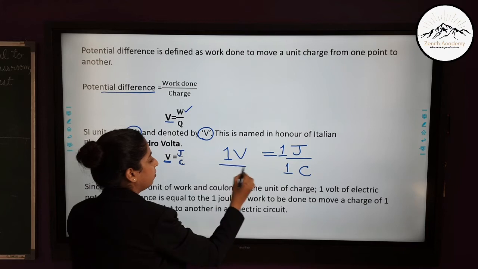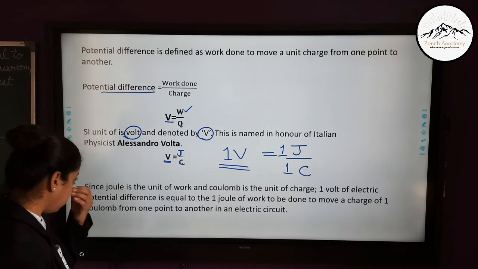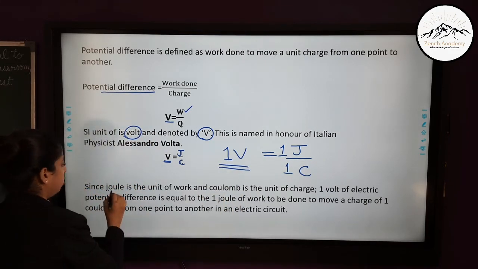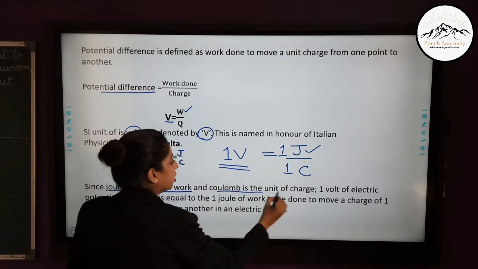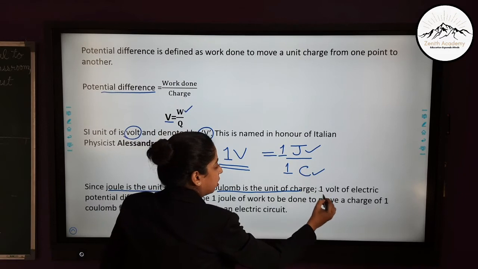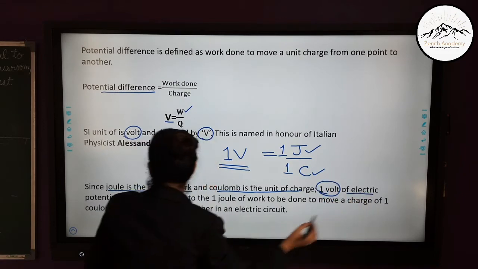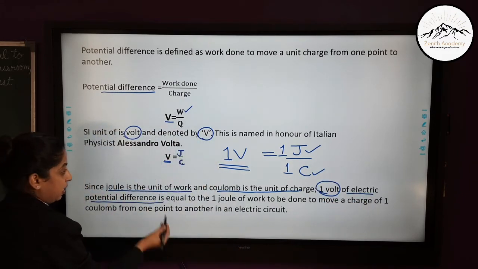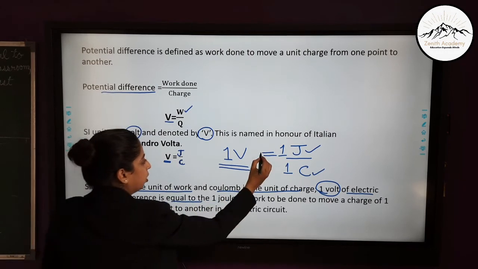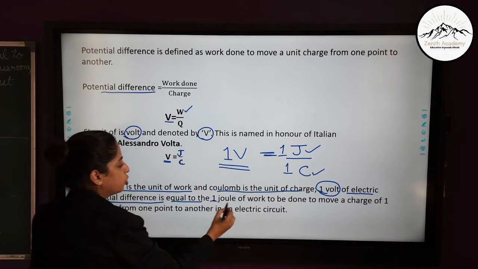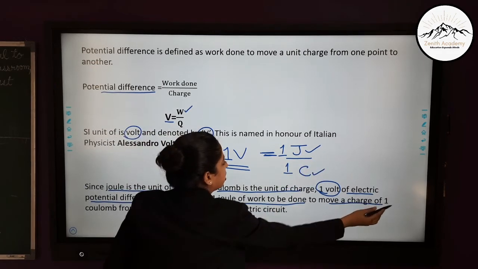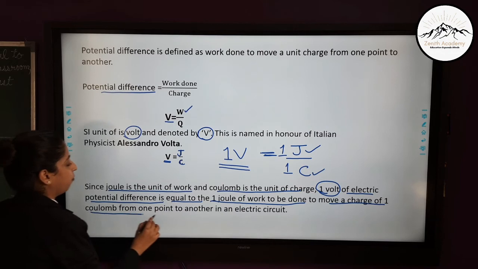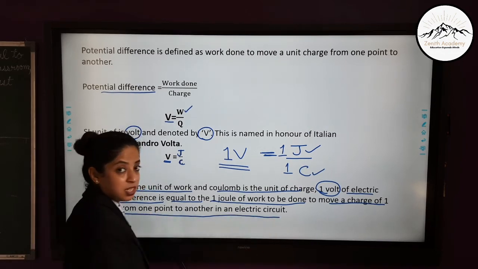So how can we define 1 volt? Since joule is the unit of work and coulomb is the unit of charge, 1 volt of electric potential difference is equal to 1 joule of work done to move a charge of 1 coulomb from one point to another in an electric circuit.